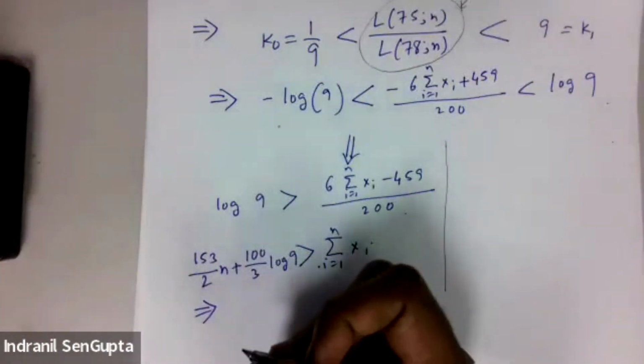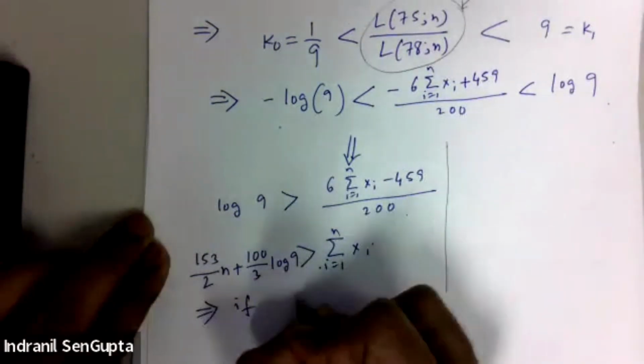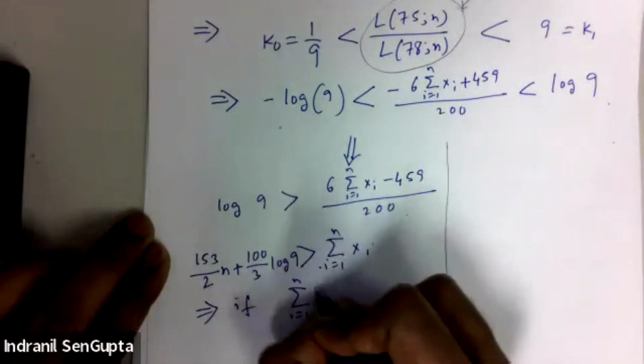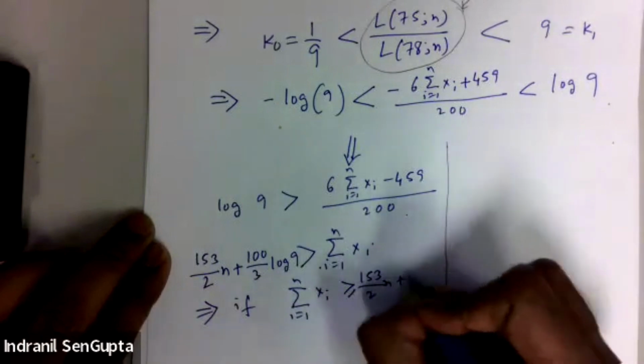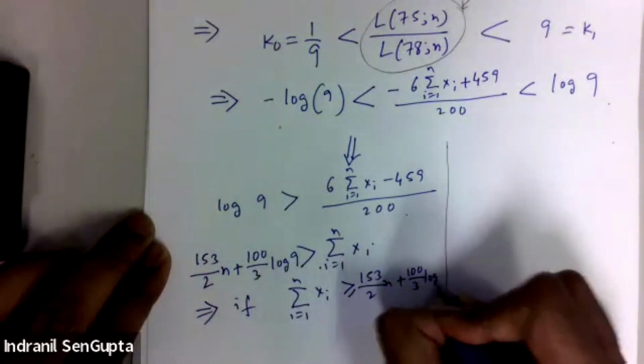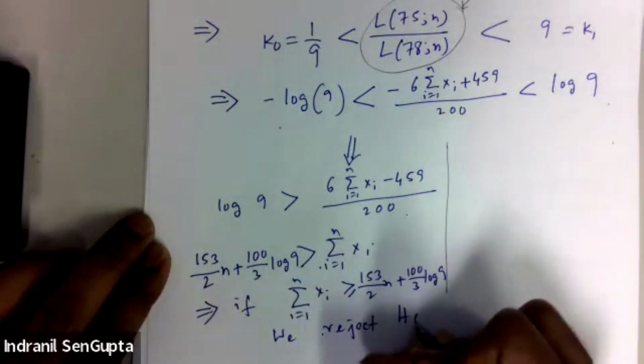So that really means that if summation i from 1 to n xi is bigger than or equal to 153 over 2n plus 100 over 3 log 9, we reject H0.